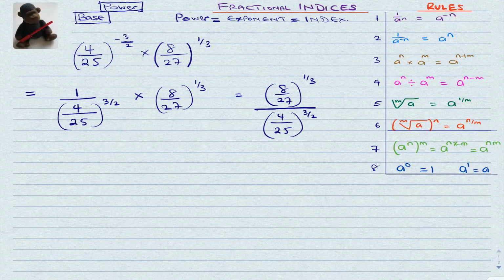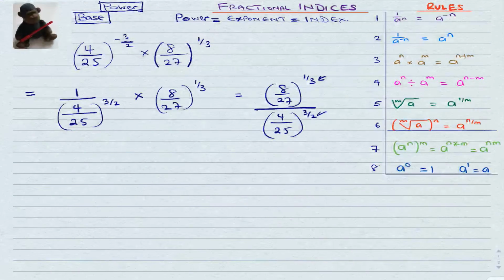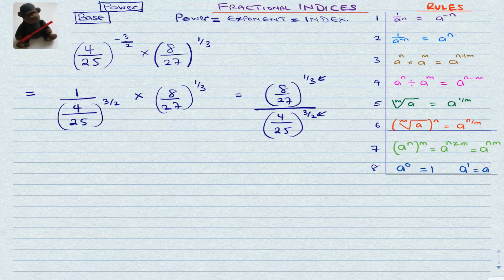Again, looking at the fraction powers, the denominator 3 here is telling you that the numbers in the bracket can be written as a number that can be multiplied 3 times to get 8 and 27. And the 2 here is telling you the same story. Those numbers in the bracket, you can multiply them twice to get 4, and also a number to multiply twice to get 25. So we know what those numbers are.